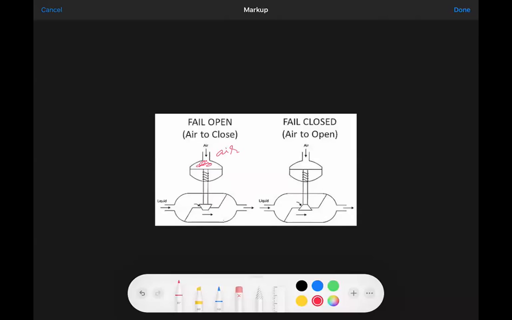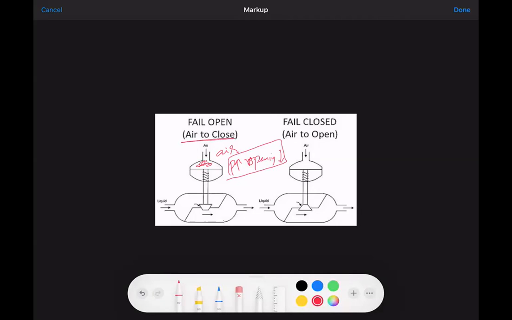When the spring comes down, applying air pressure closes the valve. So if pressure increases, the valve opening decreases. Clear? This is the air to close type.